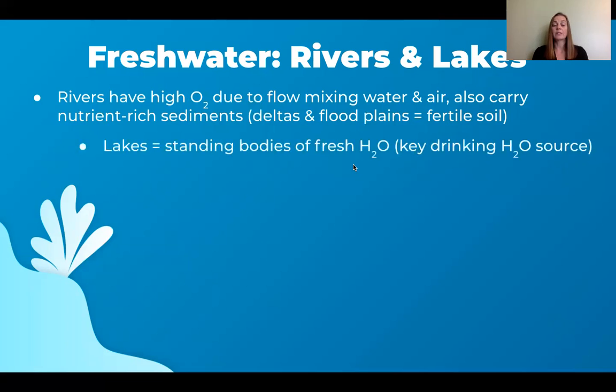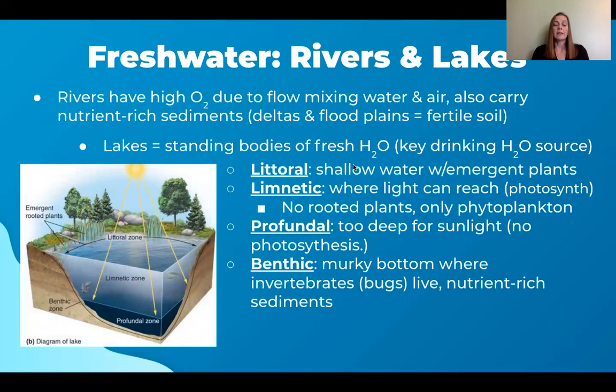Lakes, of course, are standing bodies of fresh water. These are a key drinking water source for many people around the world. With lakes, we're going to talk about different zones of the lake. So we have the littoral zone, which is shallow water.